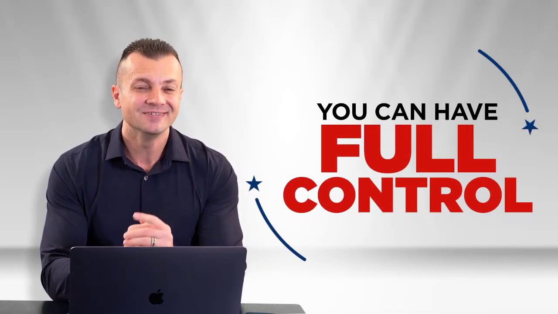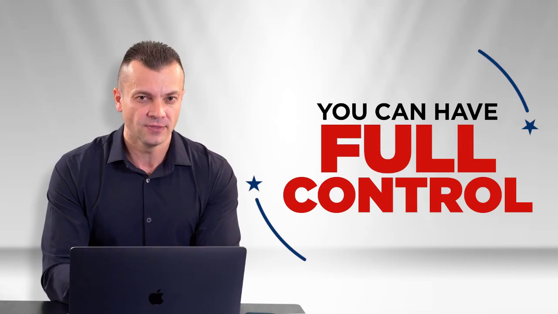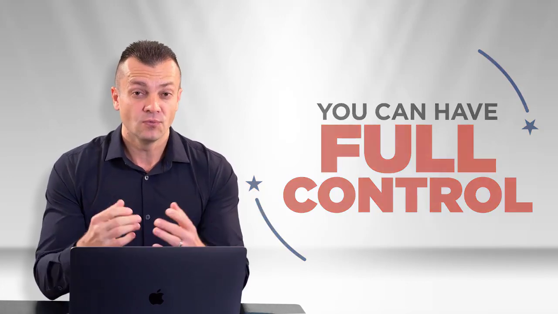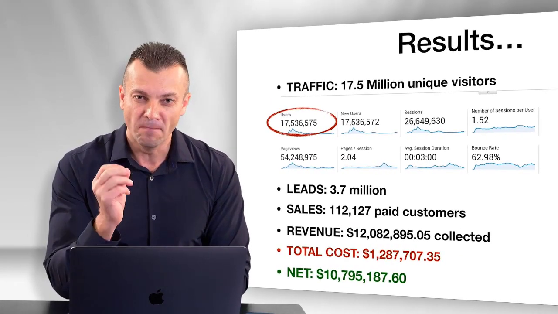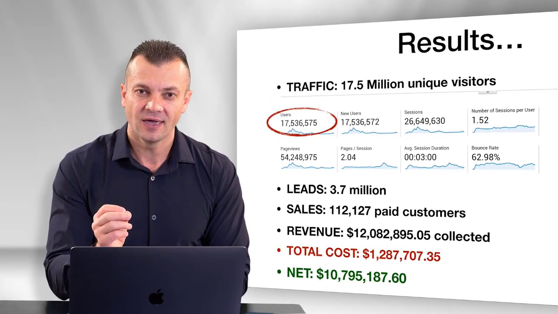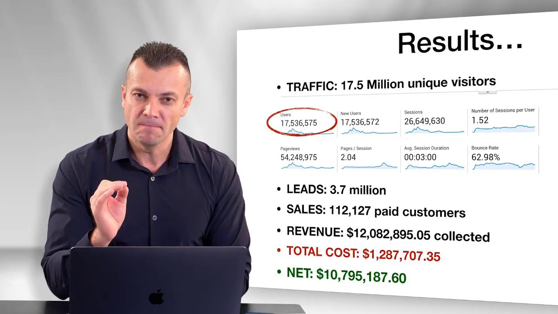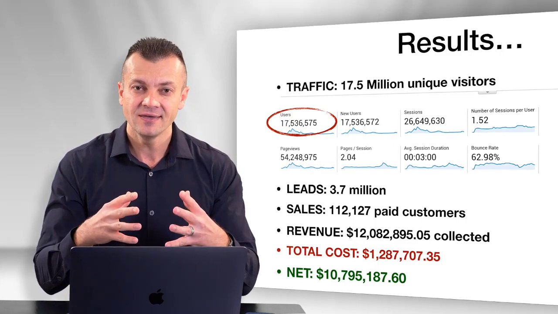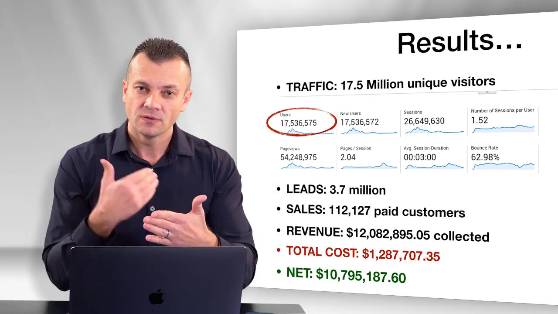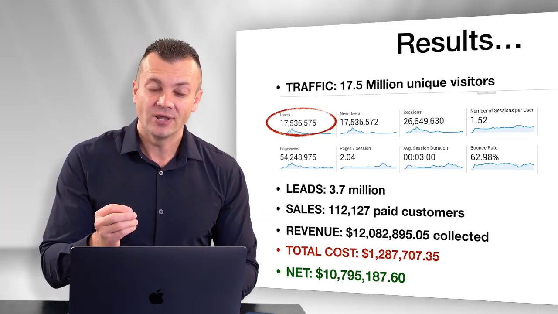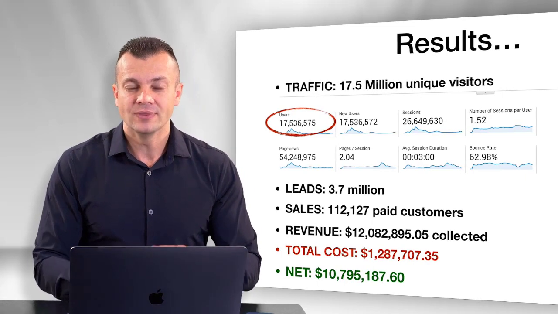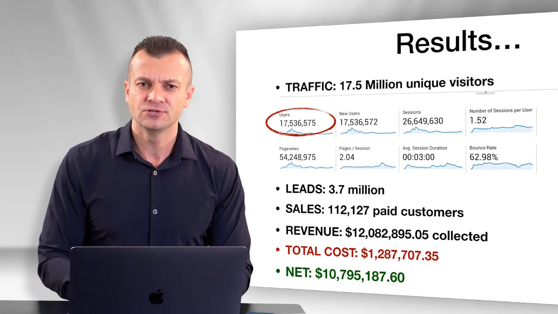Now, I ran a secret experiment on this particular methodology, and we were able to generate, listen to me on this one, 17.5 million unique visitors, okay? Over 3.7 million leads that we can communicate with at the push of a button. How awesome is that, okay? That generated over $12 million in revenue. Now, the big question is, Vic, how much did it cost you to get those visitors?